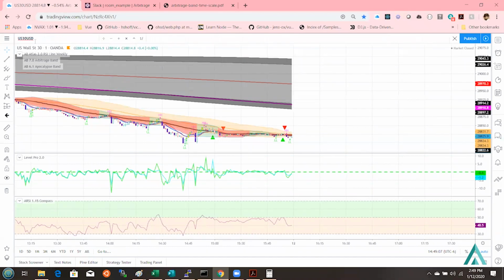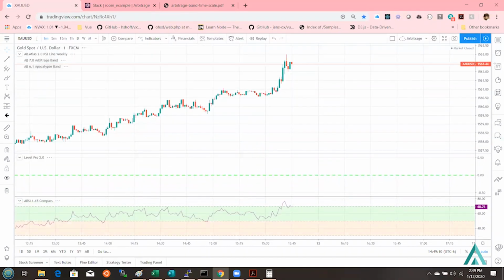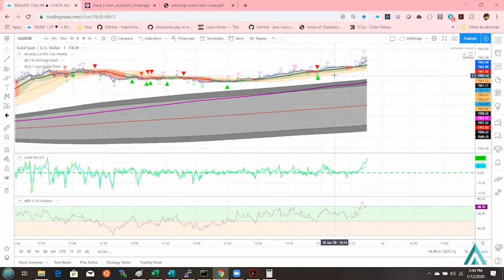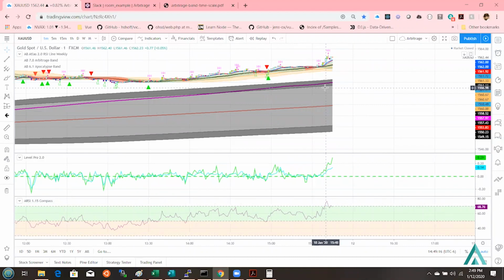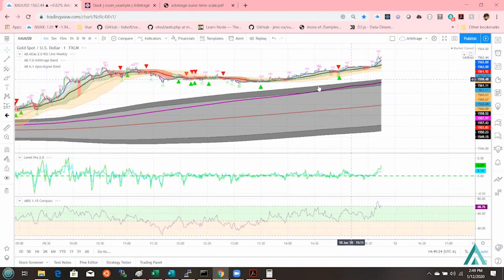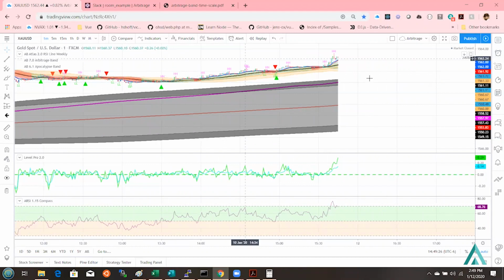Let me go look at gold. So XAU USD. He has been going up for quite some time. Also on the 1 minute chart, he's running out of probability, because the bands are measuring how fast. If it slows down, the trend can go on forever. So I'm expecting gold to have a dip.